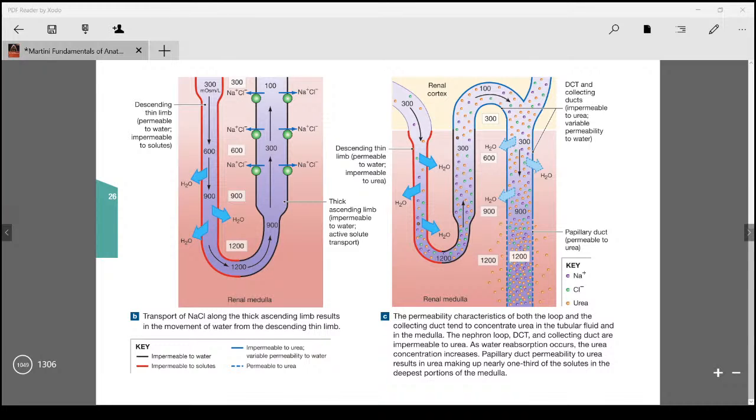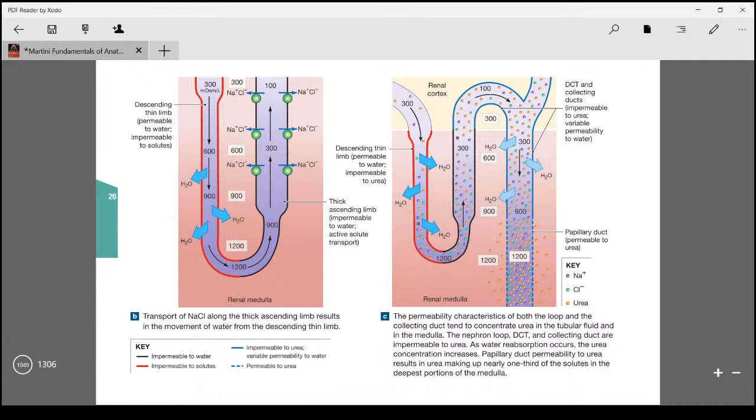Once the urine has become more dilute, point number two is that this pumping action increases the osmotic concentration in the peritubular fluid. The peritubular fluid will have increased osmotic concentration because you are pumping out ions, or solute, into the peritubular fluid from the tubular fluid.